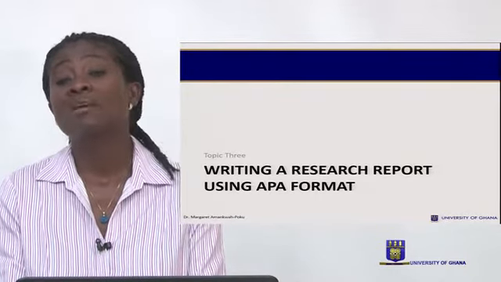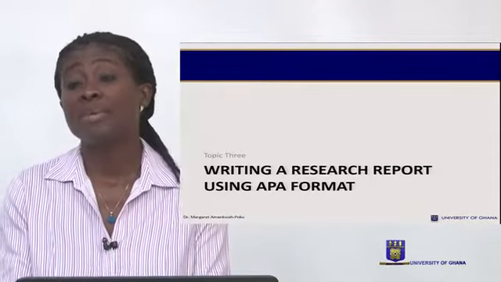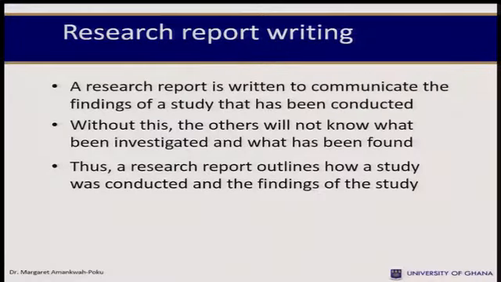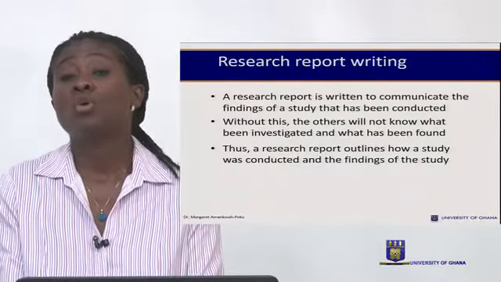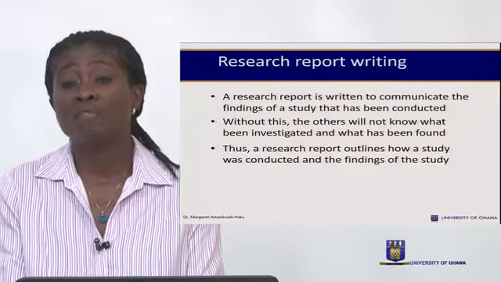So let's look at how to write a research report using the APA format. As I've just mentioned, you write a research report in order to communicate your findings to the public. If you conduct your study and you come up with very interesting findings and you don't publish your findings, nobody is going to know what you have found.